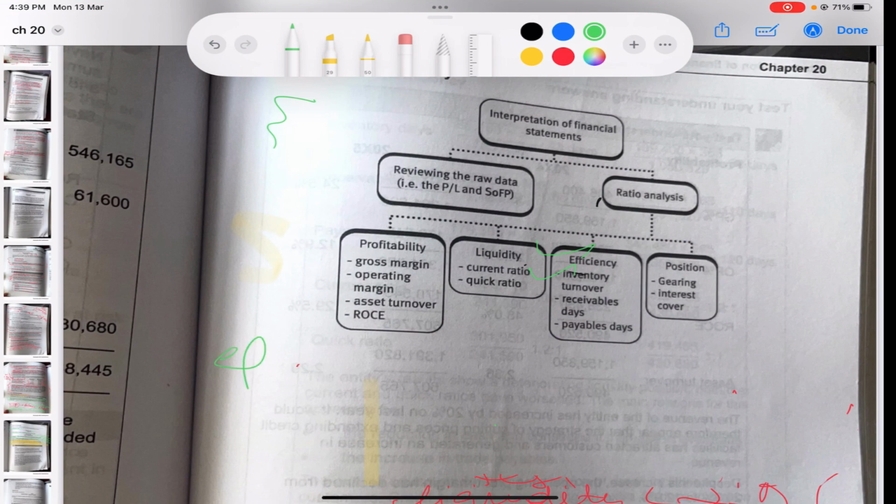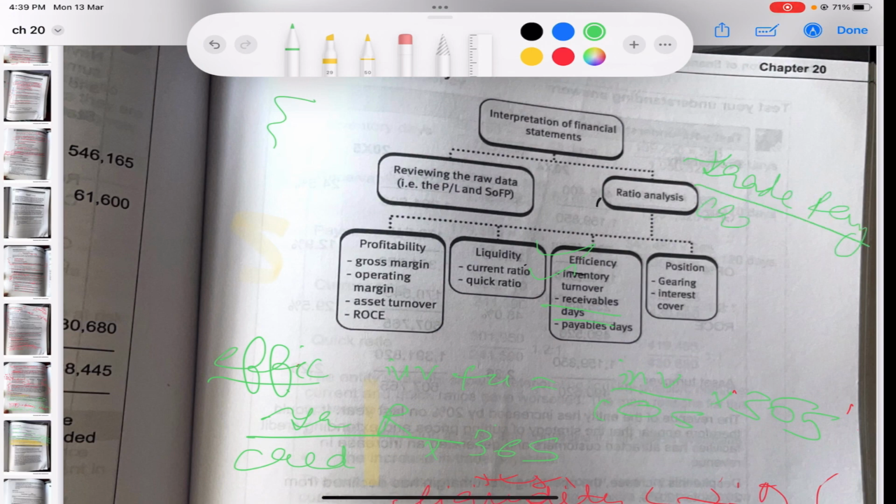Until now, we saw efficiency ratios. We saw the inventory turnover ratio, which is the inventory upon cost of sales into 365. And then we saw the receivable days, which is the trade receivables upon credit sales multiplied by 365. And then we saw the payables days, which is the trade payables upon credit purchases multiplied by 365.